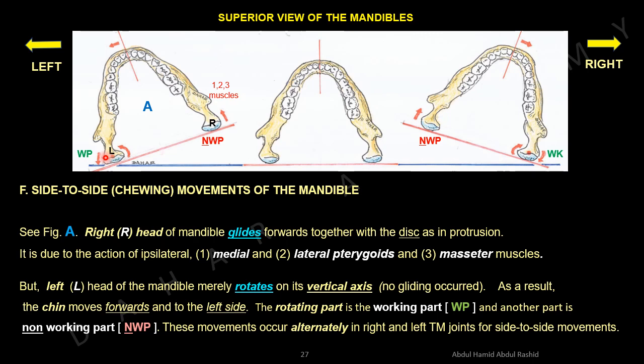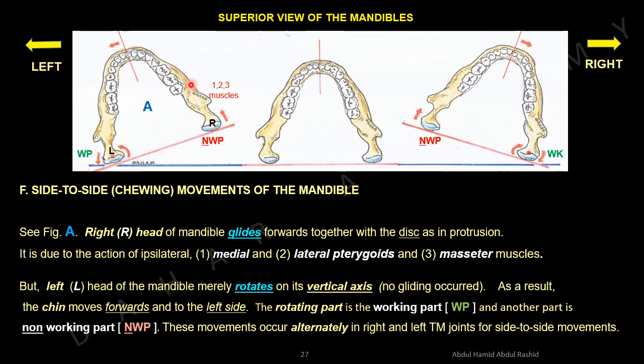Let's start. The right head of the mandible glides forwards together with its articular disc, like in protrusion. It is due to the actions of medial pterygoid, lateral pterygoid, and masseter of the same side, the ipsilateral side.